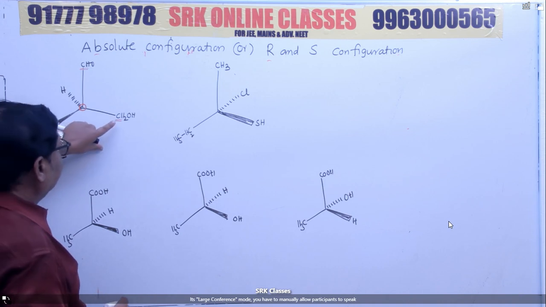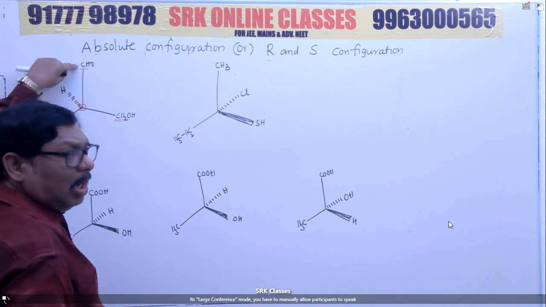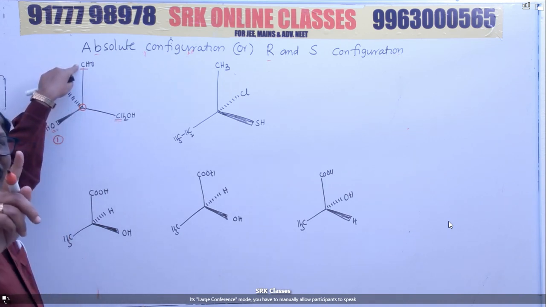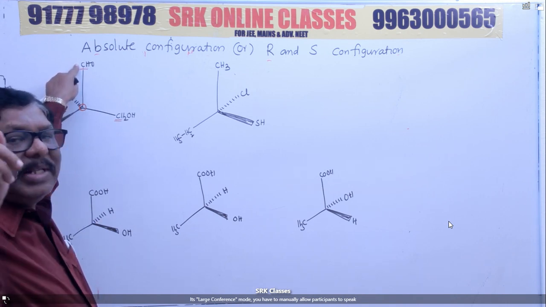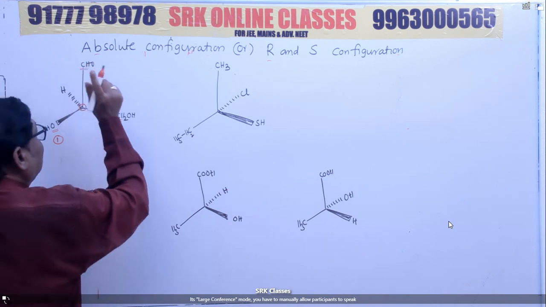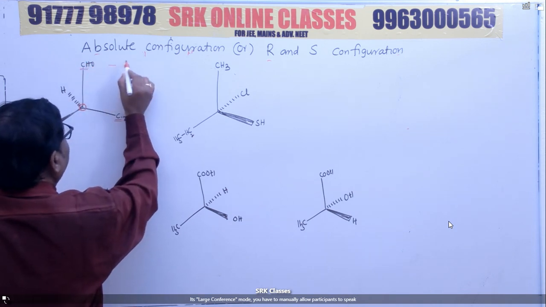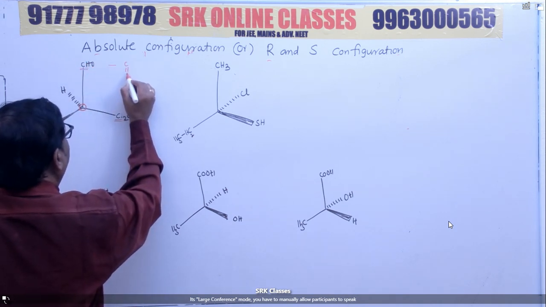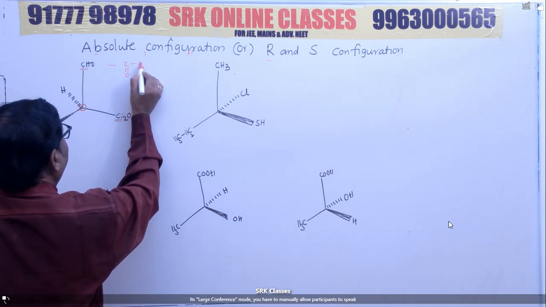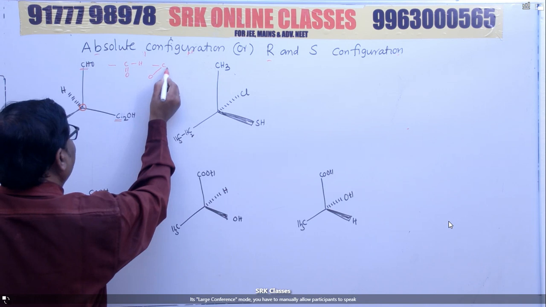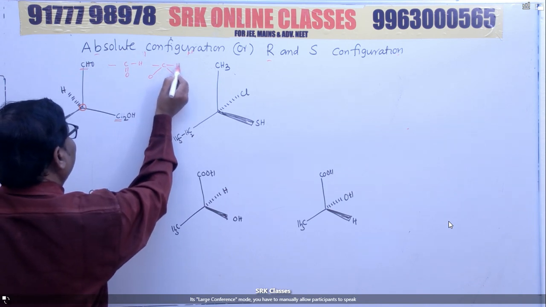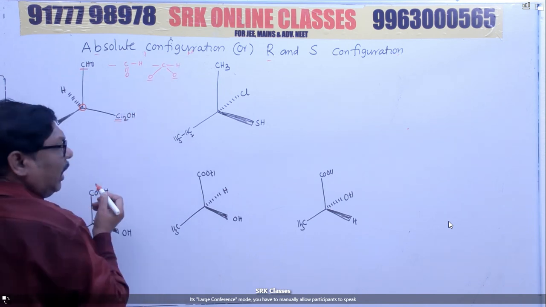Now look at here. Here also carbon, here also carbon. I have already said, if the first atom is not able to decide the priority, you have to consider the second atom. CHO can be represented as C double bond O, H. Double bond O is considered to be twice a single atom. There are different ways of representation. This is the simplest way I am writing.